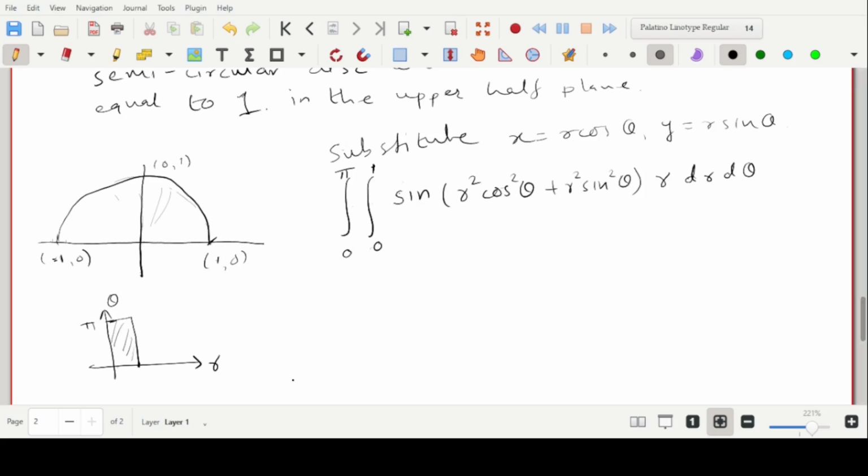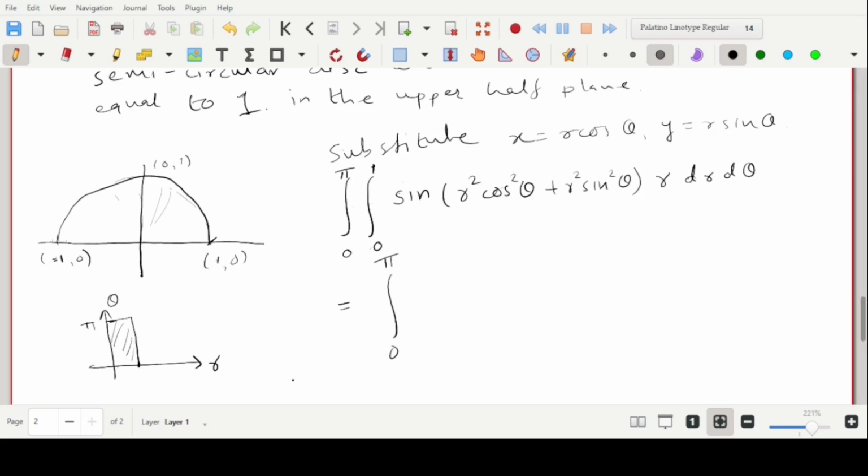Alright, but just make sure that you match these limits properly with r and theta. The limits of r are 0 to 1 and limits of theta are 0 to pi. So if you want to first integrate with respect to theta, then no matter, you can take this integral inside and first integrate with respect to theta and then integrate with respect to r. Alright, now we have chosen to integrate with respect to r first, so we shall do that.